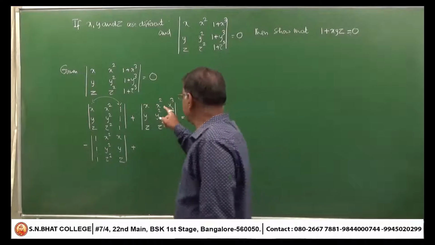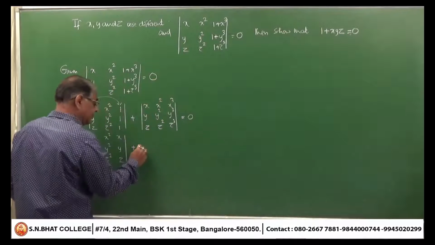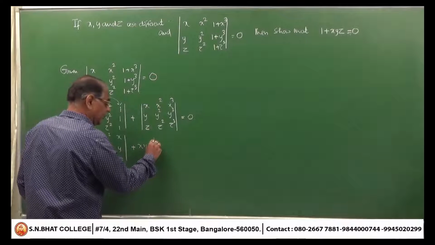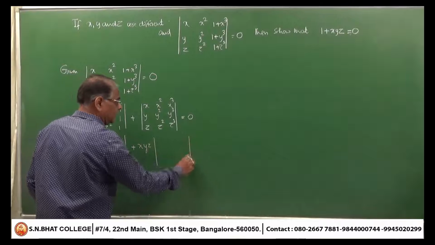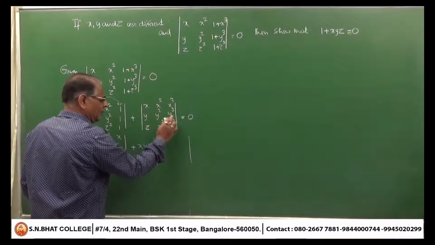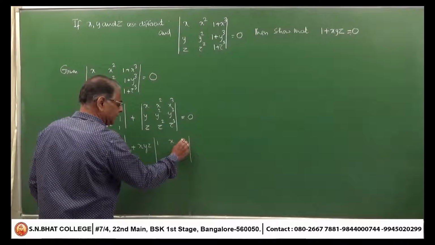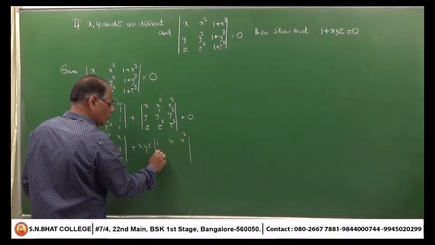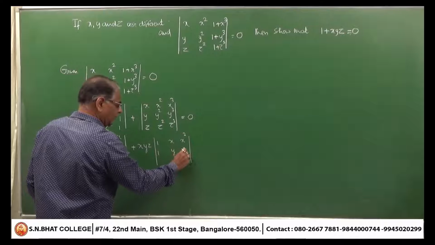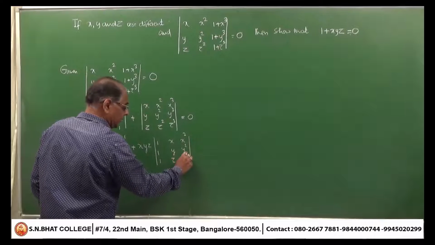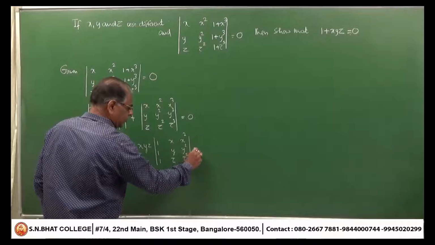In the second determinant, from the first row x is a common factor, from the second row y, from the third row z. You are left with 1, x square; 1, y square; 1, z square is equal to 0.